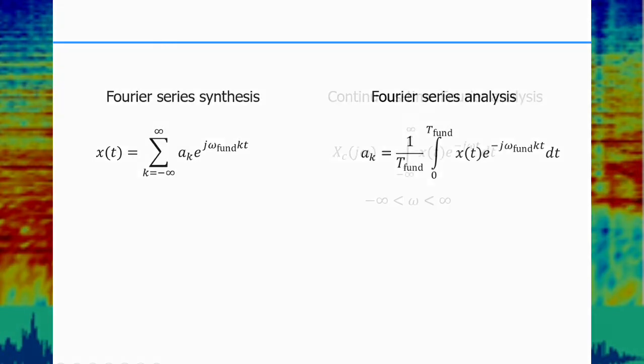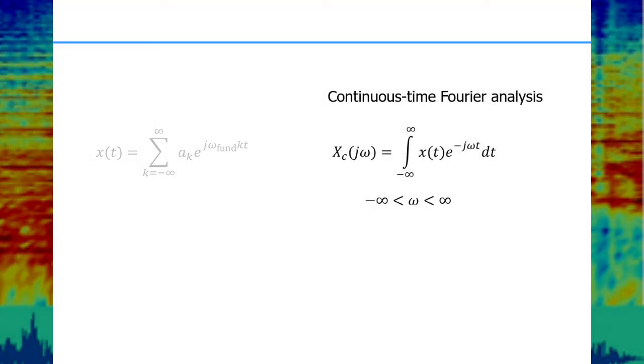If we put that in the analysis expression, the integration boundaries change, simultaneously absorbing the 1 over T fundamental, to minus infinity and infinity. The value of k times omega fundamental, which is a discrete quantity, now becomes a continuous valued omega. Note that the radial frequency omega runs now from minus infinity to plus infinity.